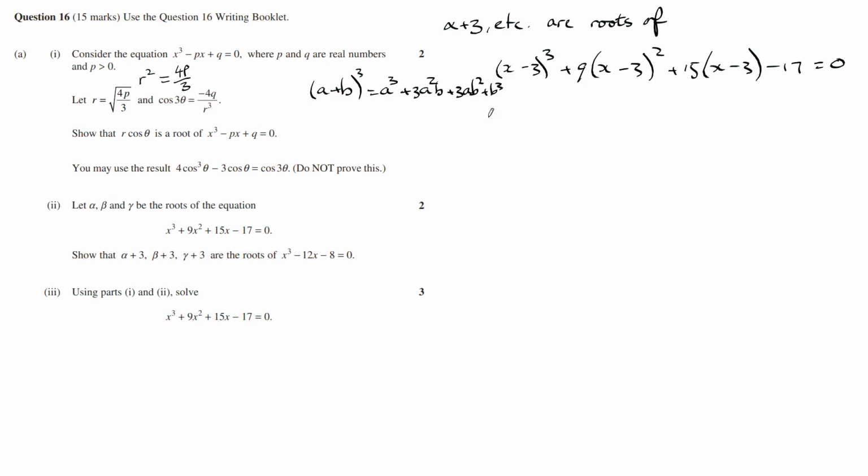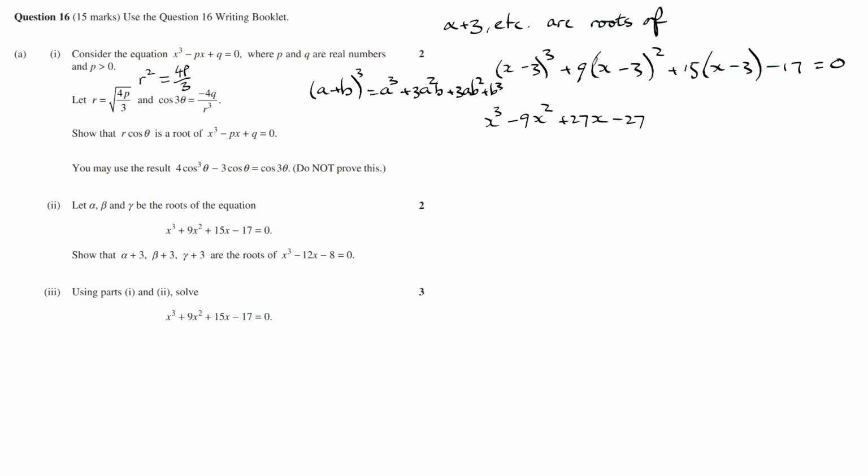So that will make x cubed, and then we've got 3 times the x squared times the negative 3, so negative 9x squared. And then we've got 3 times the x times the negative 3 squared, so that'll be positive 9, and then times 3 is 27. And then the negative 3 cubed, so minus 27.